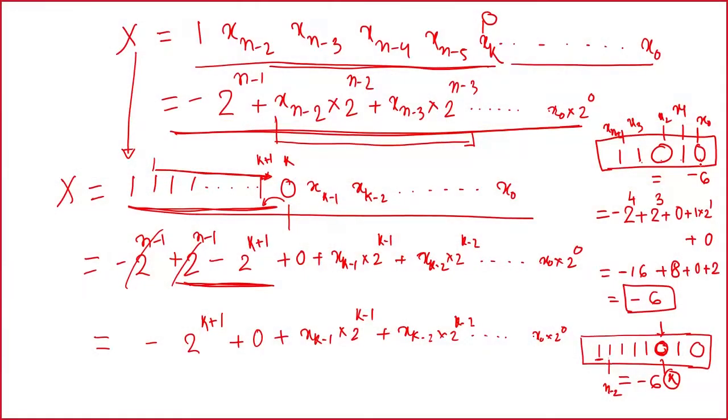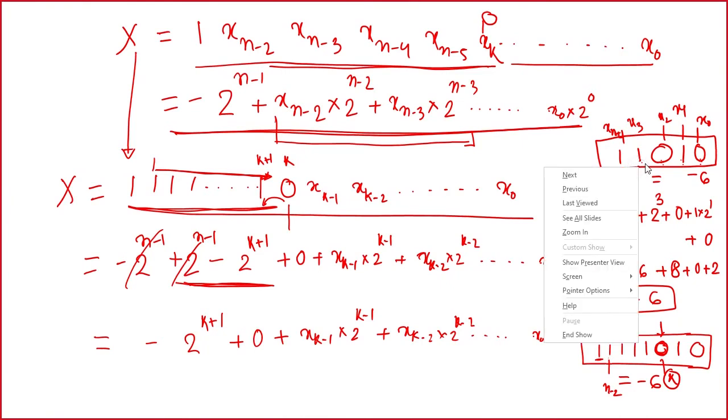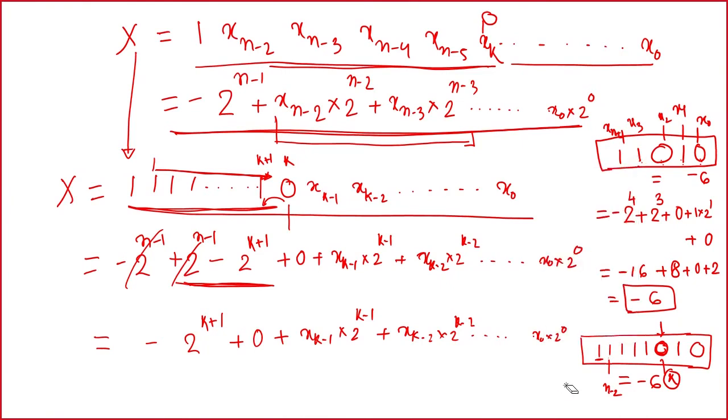So, any negative number, say minus 6, how can we write it? Positions 0, 1, 2, 3. Wherever there is 0, here we did minus 2 to the power 4 plus 2 to the power 3 plus 2, okay.